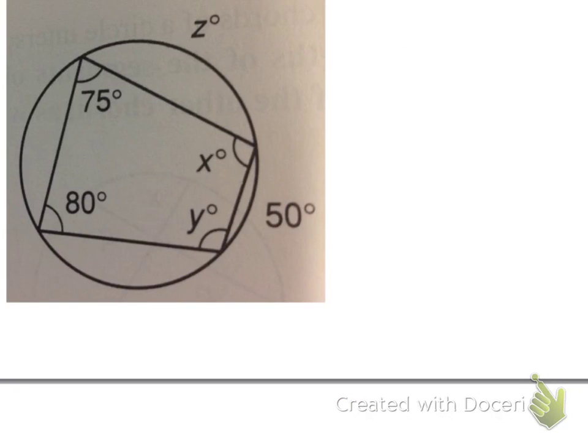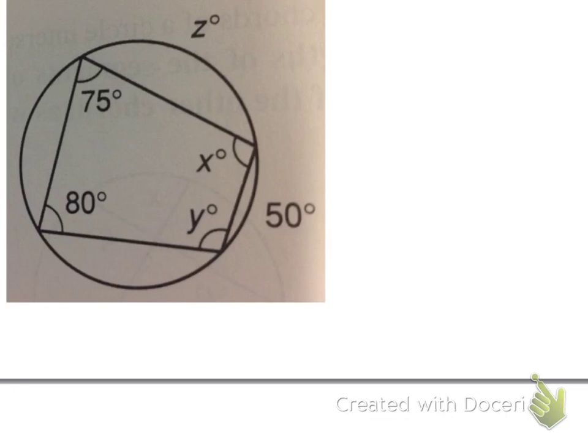The next problem, guys, solve for x, y, and z. I'm going to give you a couple seconds of your own time to try this, and we'll come together and talk about it. Okay, guys, this one takes a little bit of thinking because it gives us 75, it gives us 80, but then it asks for x and y, which is no triangles.